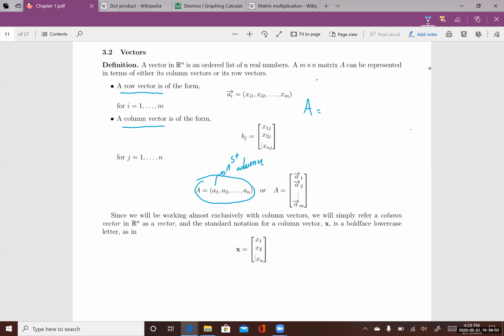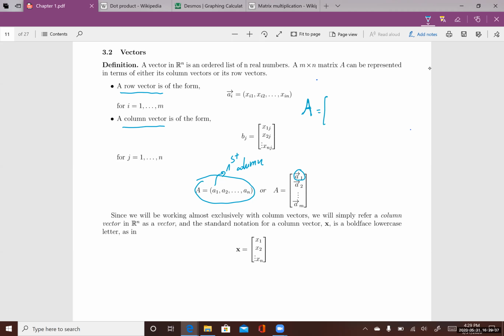And if you represent a matrix A using its row vectors, because it has m rows, you have m row vectors, and each of the vectors will have an arrow above the vector letter.